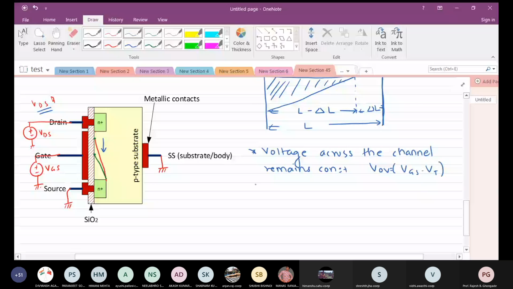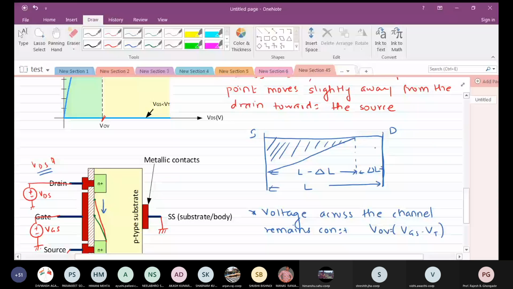So what we have is the excess voltage, which is here, is this VDS minus VOV, which is across a very narrow channel.